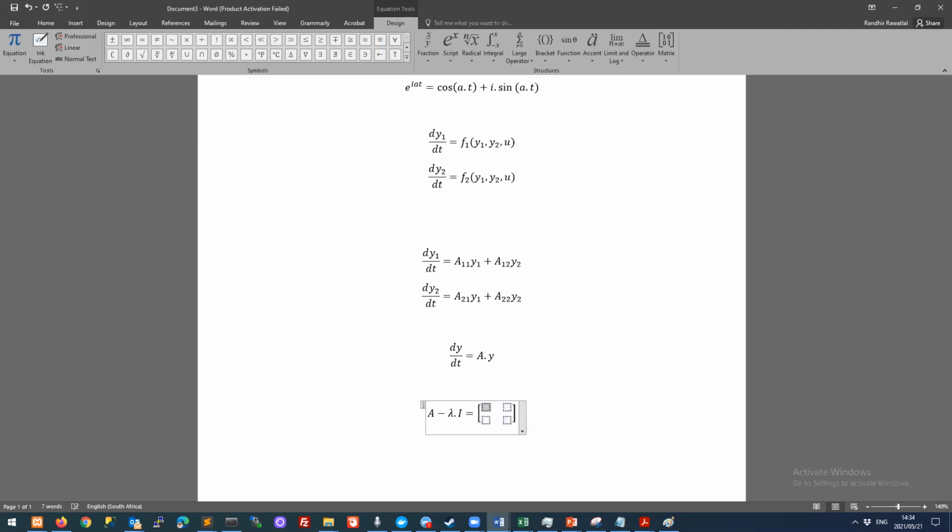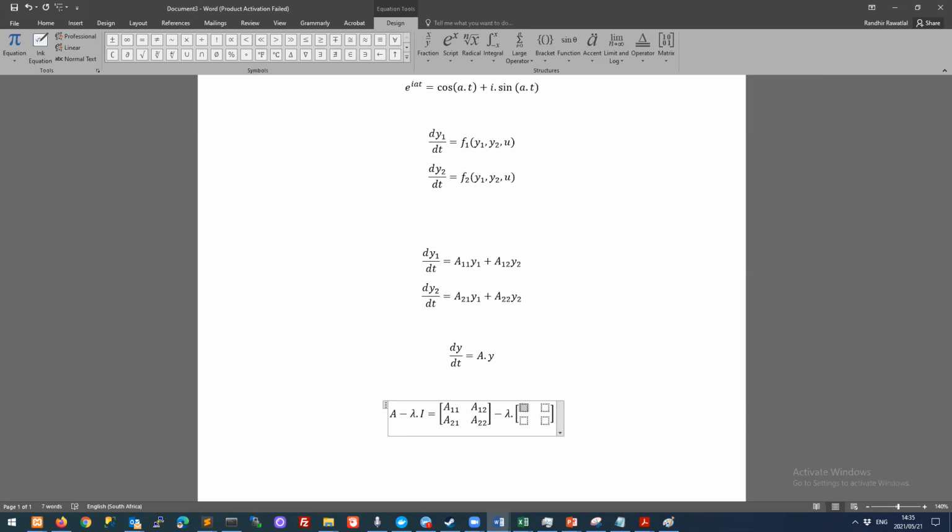So here it's A11, A12, A21, A22, then minus lambda, and then I is going to be this thing.